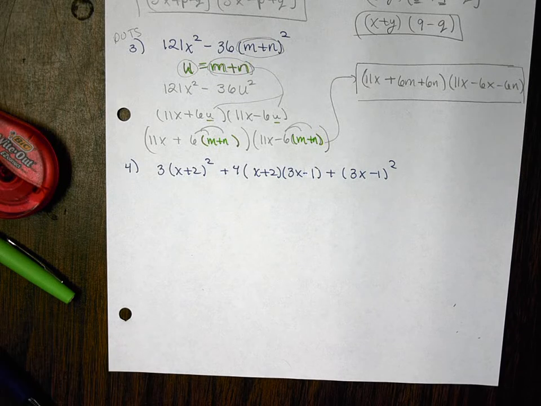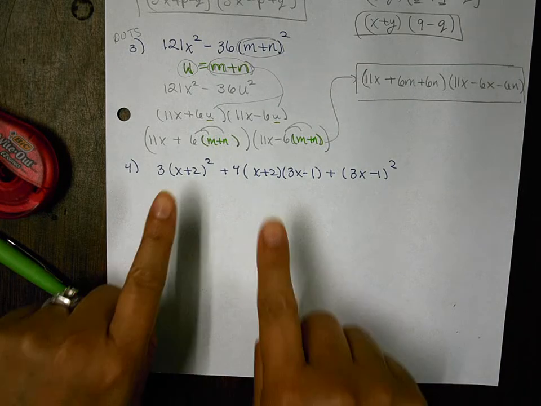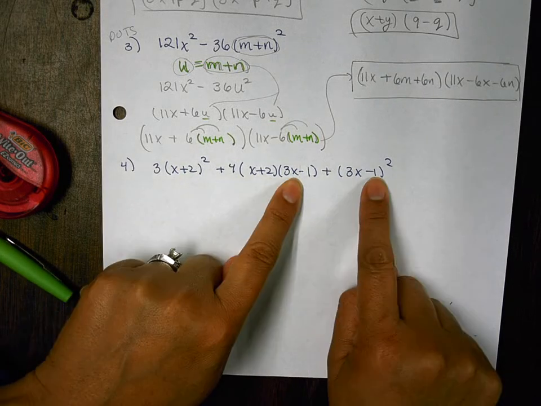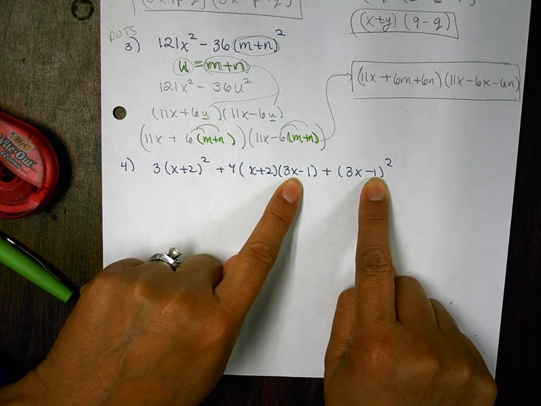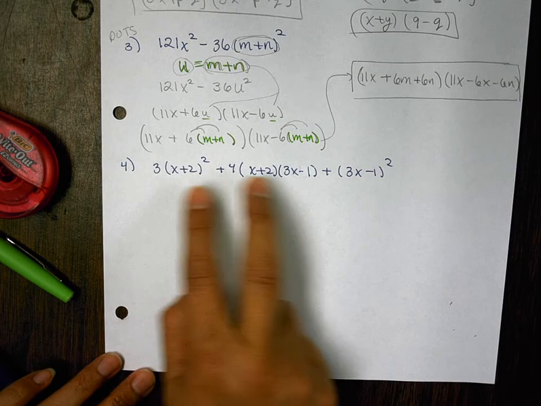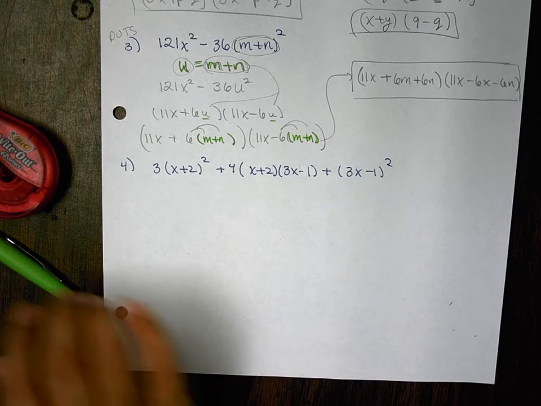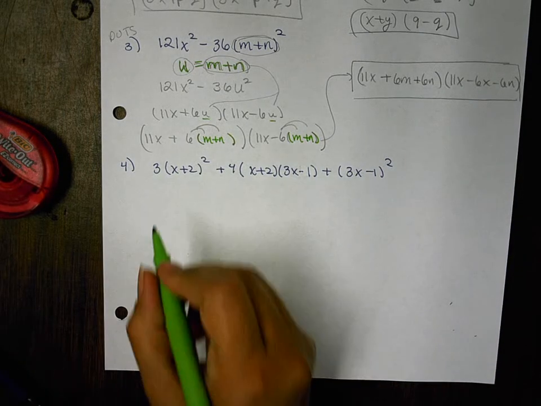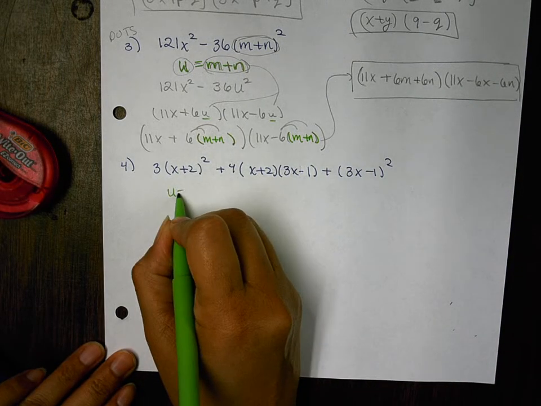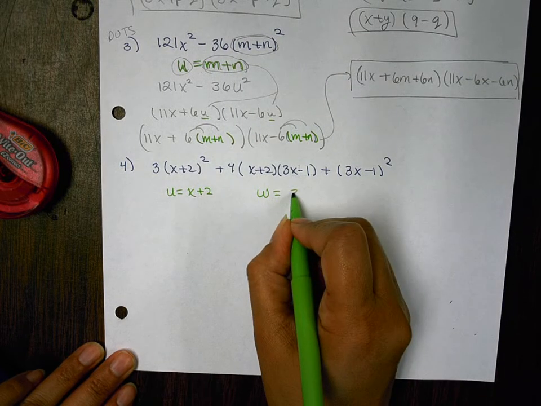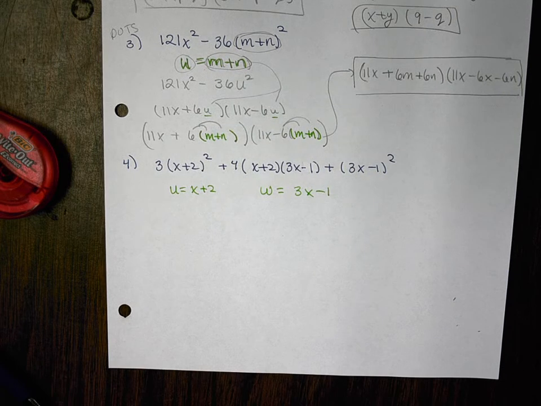Okay, now I don't know if you can see it, but there's an x plus 2 here and an x plus 2 here. There's a 3x minus 1 and a 3x minus 1. There's 3 terms, first term, second term, third term. I am going to use substitution. So this time I'm going to let u equal x plus 2 and w equal 3x minus 1.